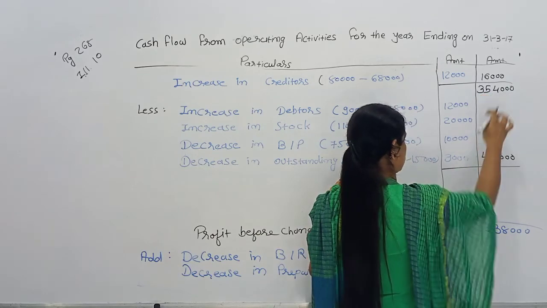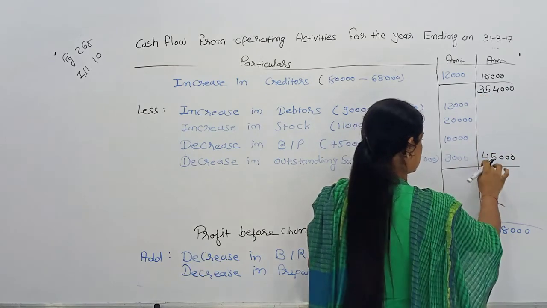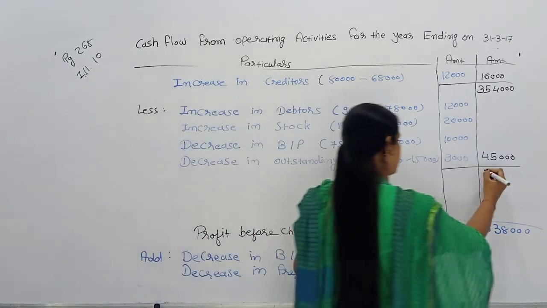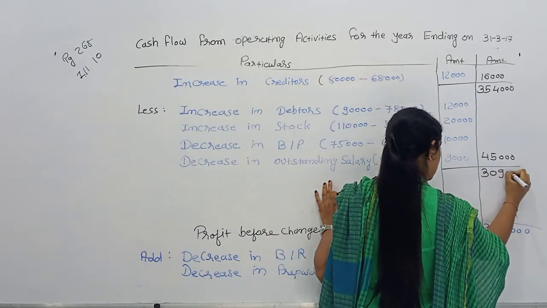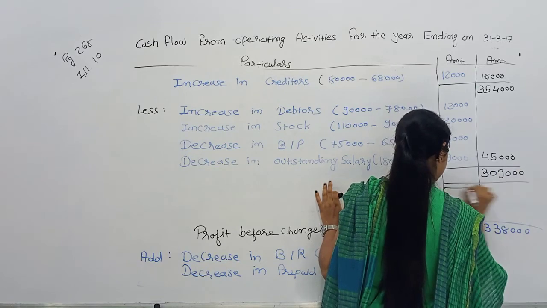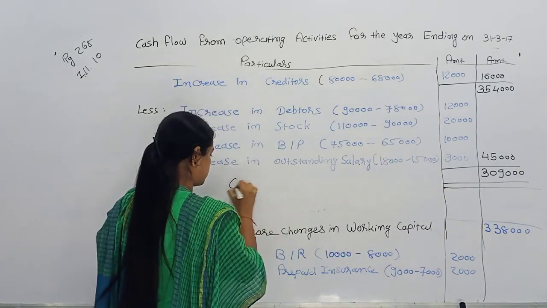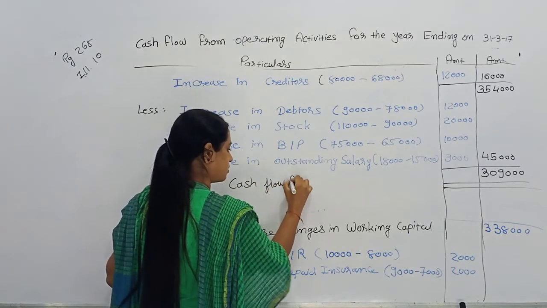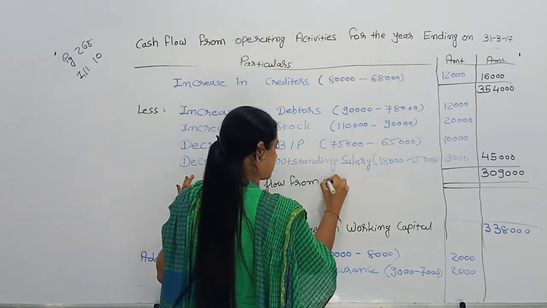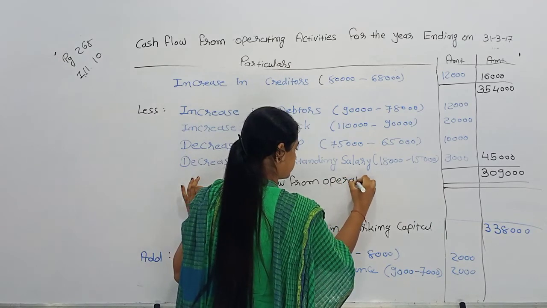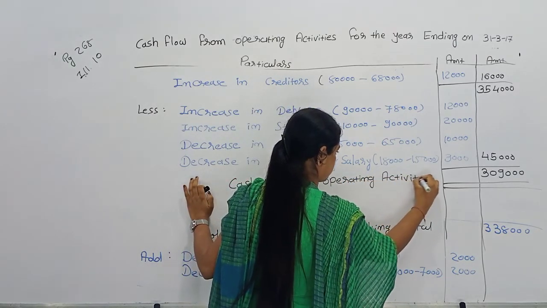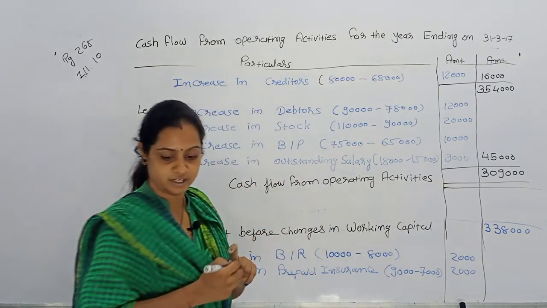From 3,54,000 we have to deduct 45,000, and our answer will be 3,09,000. This will be the final answer, which is known as cash flow from operating activities, right?